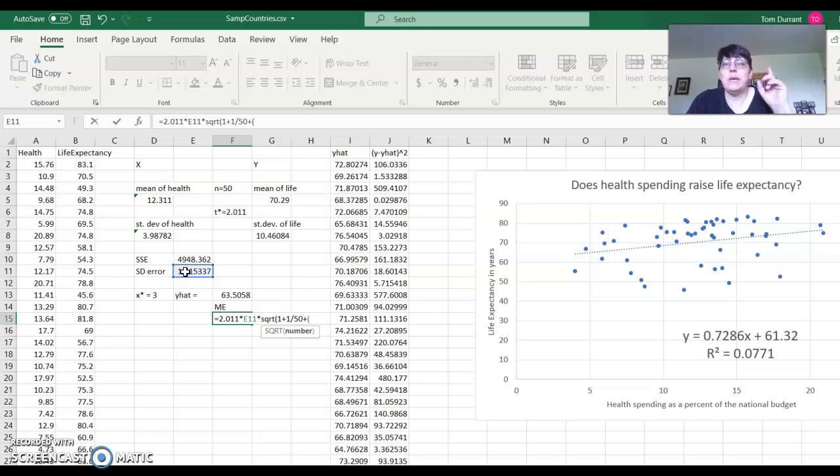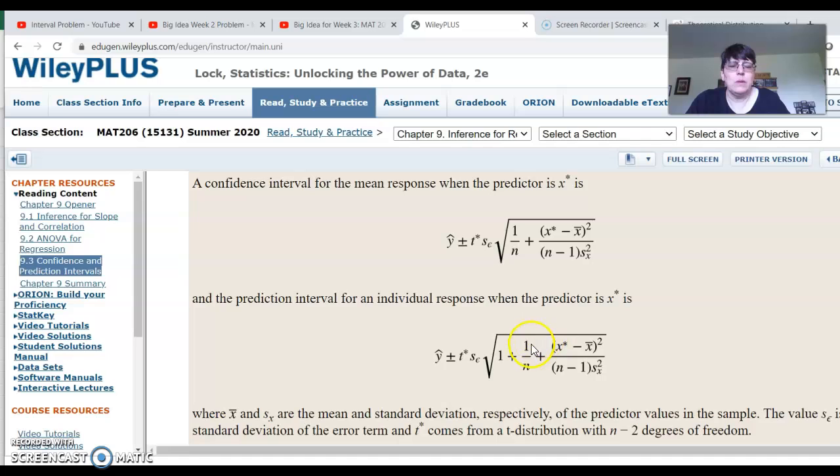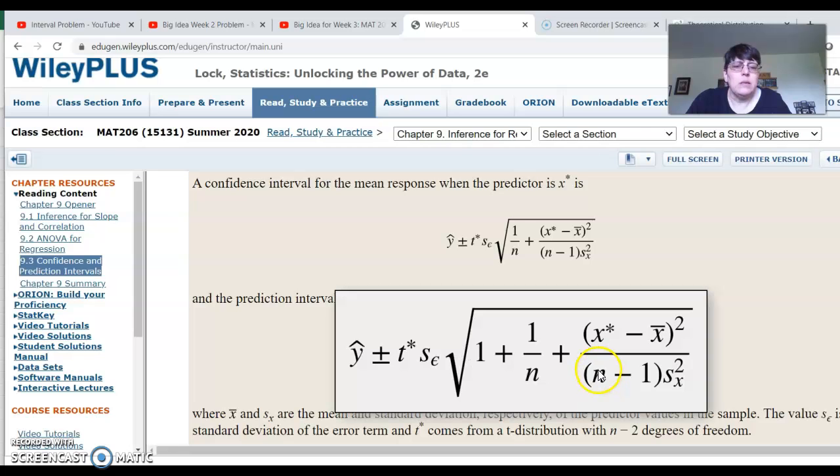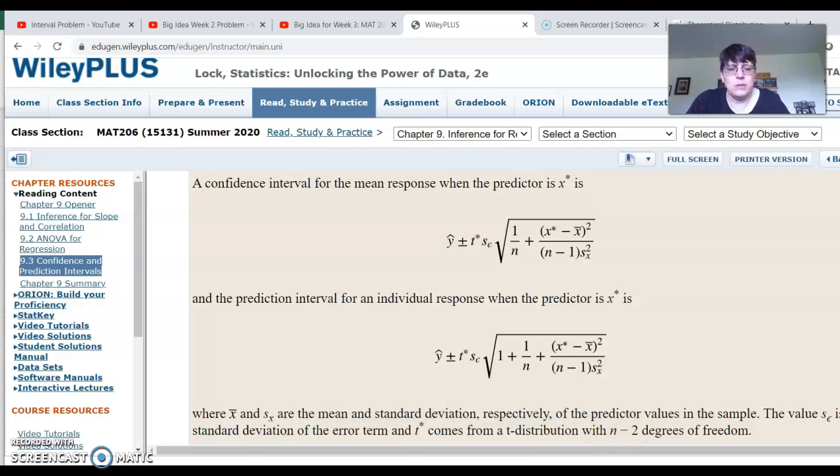It was x star, 3, minus x bar, the mean, quantity squared, divided by 49 times the standard deviation of x squared.